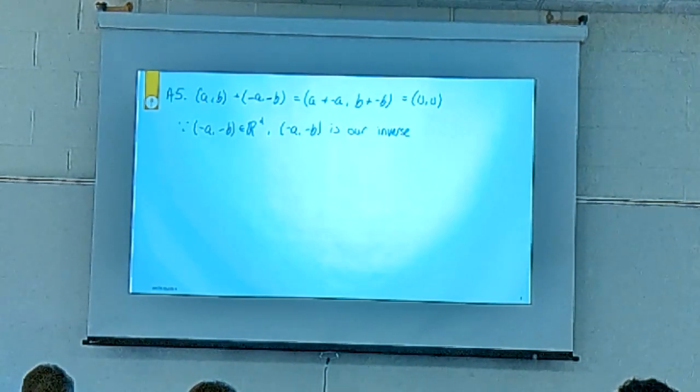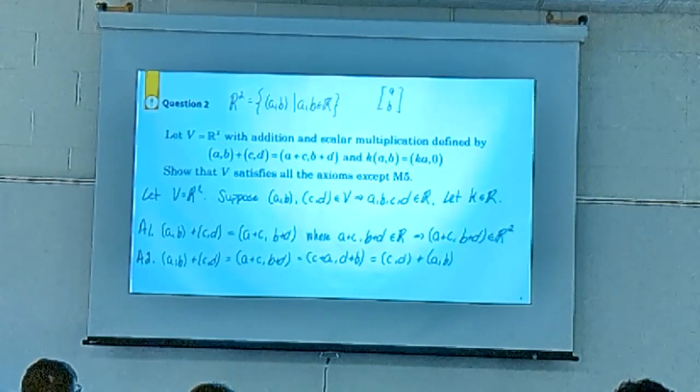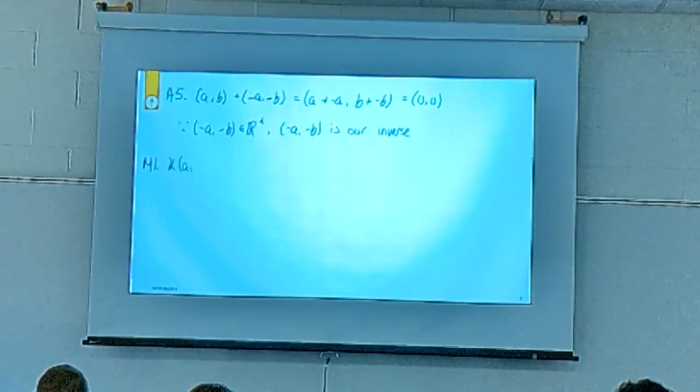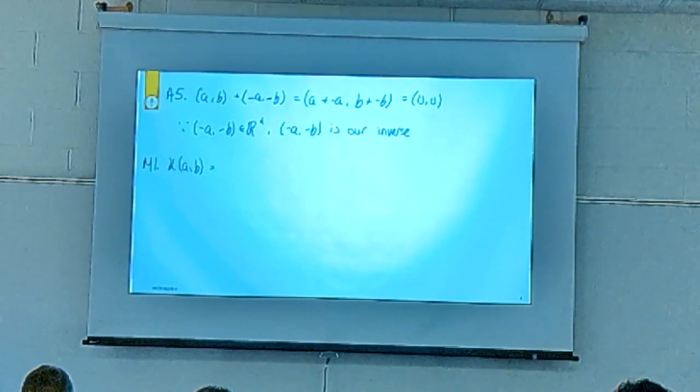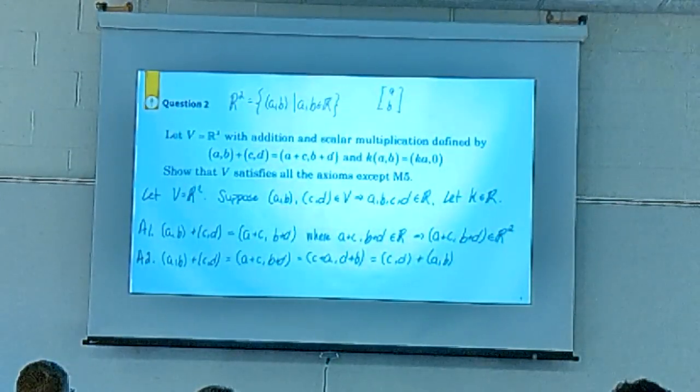Now for your multiplicative axioms. First one, M1, was the closure property. K times (A, B). By definition, that's (KA, 0).